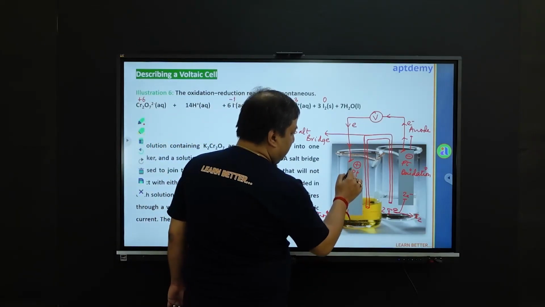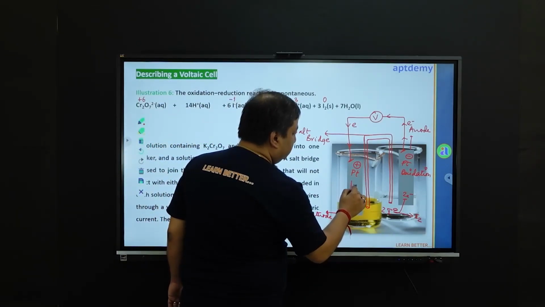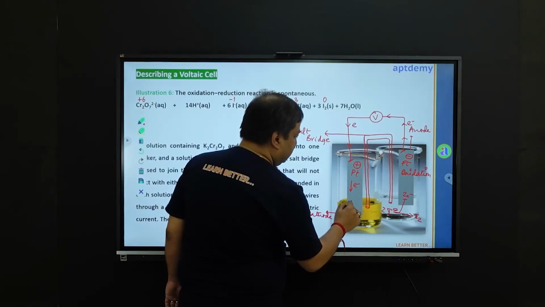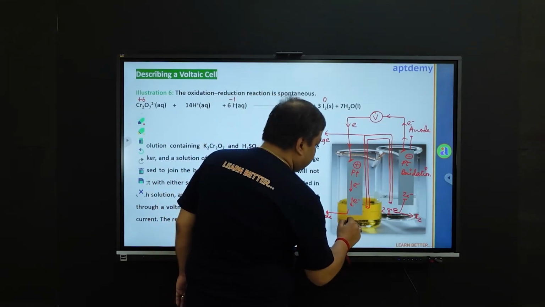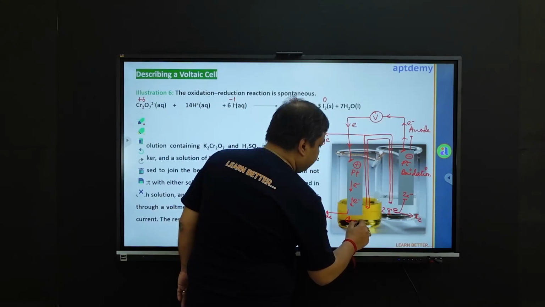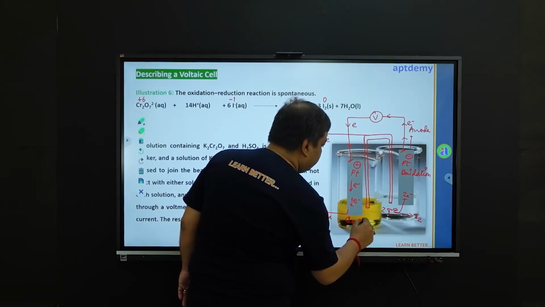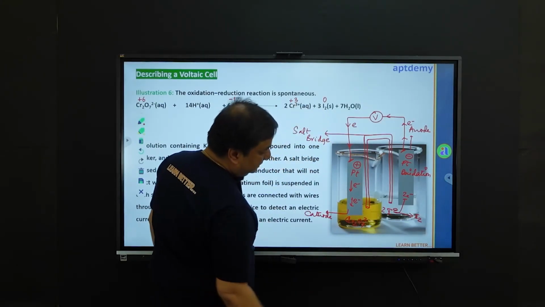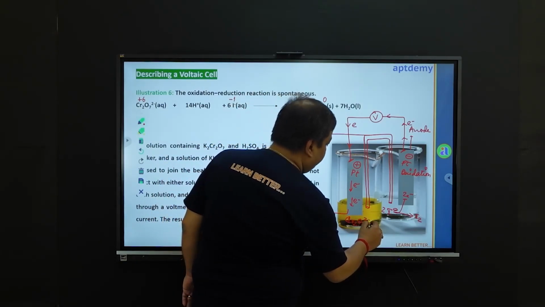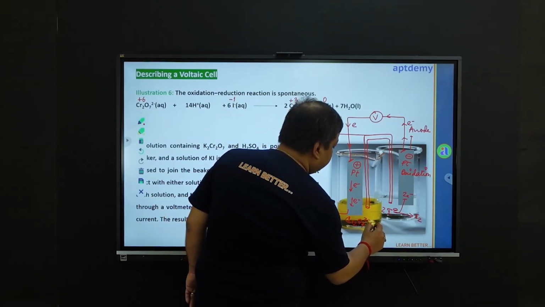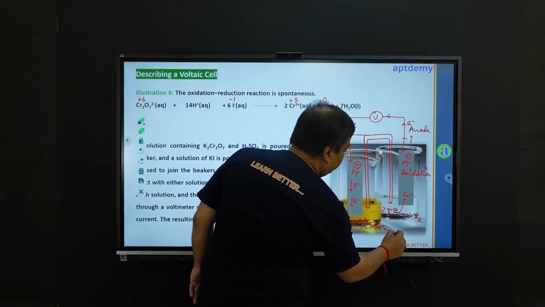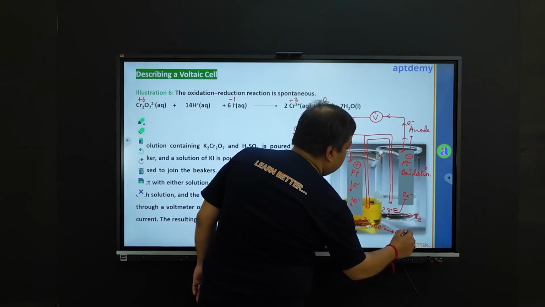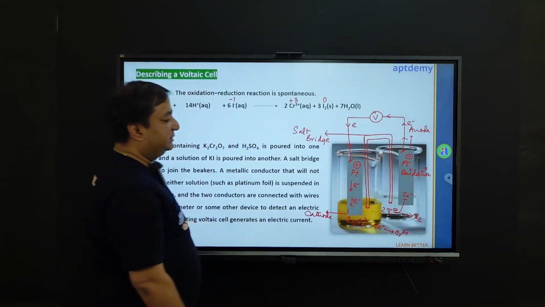As we know, the electrons are coming to this electrode from the anode. So dichromate, that is Cr2O7 2 minus, will be accepting 6 electrons, and that should form chromium 3 plus.